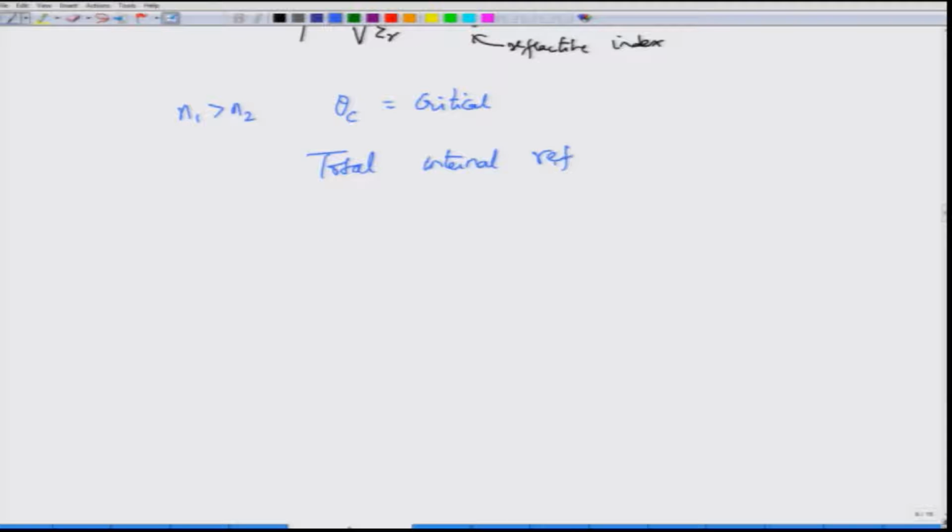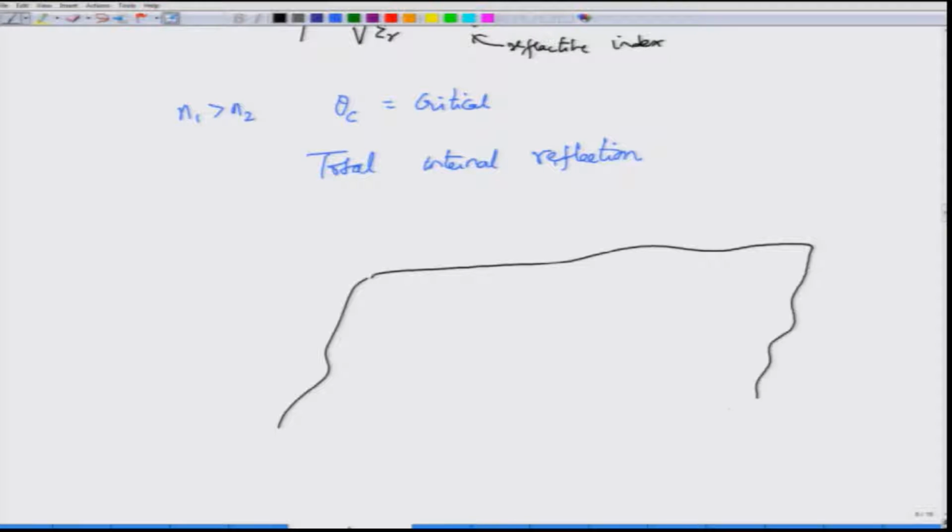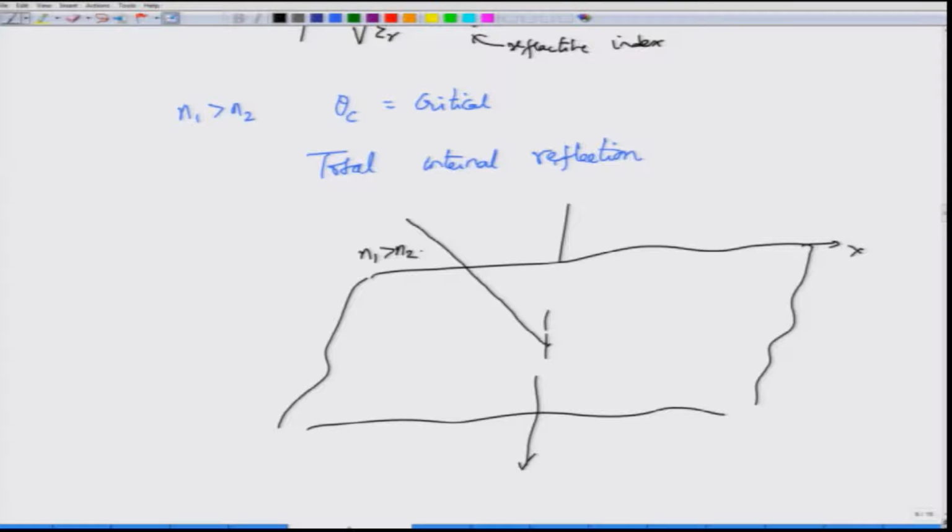If this is the boundary that we are considering, and this was the normal that we had, remember this was one of the axes, as the wave is incident from a medium of higher refractive index N1 greater than N2, this wave gets reflected totally. So the incidence angle must exceed the critical angle as you have measured.